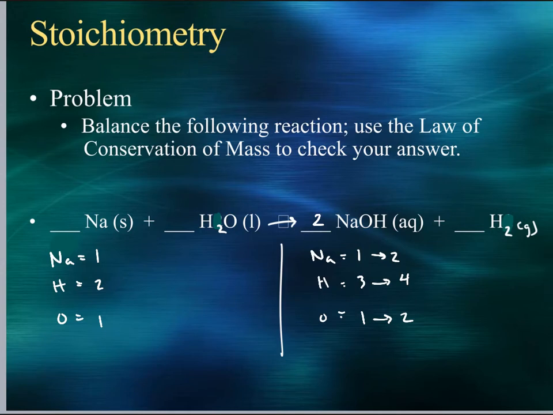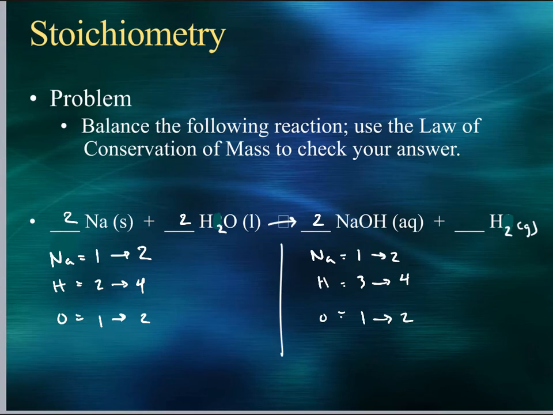If I put a 2 in front of that, what does that do? That's going to give us 4 hydrogens and 2 oxygens. And we're most of the way home then. The only thing left I have to do is put a 2 in front of that sodium, and that should be balanced. Yep. Okay, so there's my balanced equation.